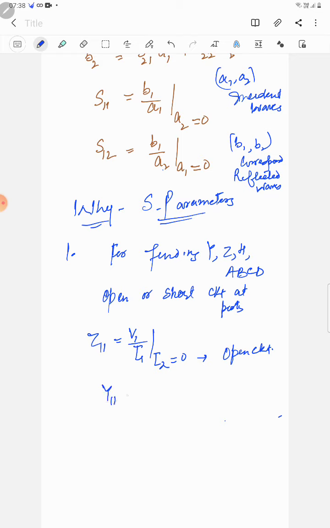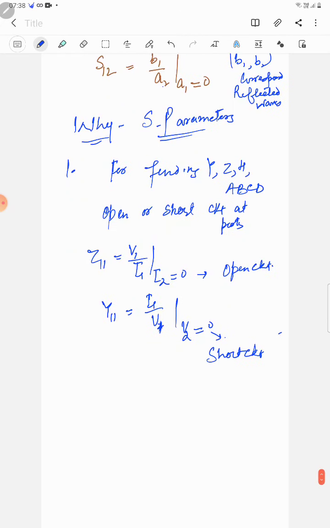Similarly, Y11 is I1 upon V1, for example, in case of Y parameters. Y11 is I1 upon V1 when your V2 is 0. So this means we have to create a short circuit. So for determining these parameters, we have to either create an open circuit or a short circuit.